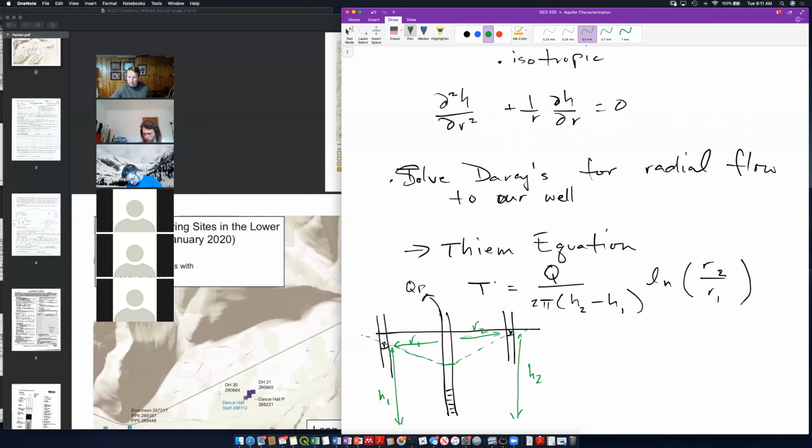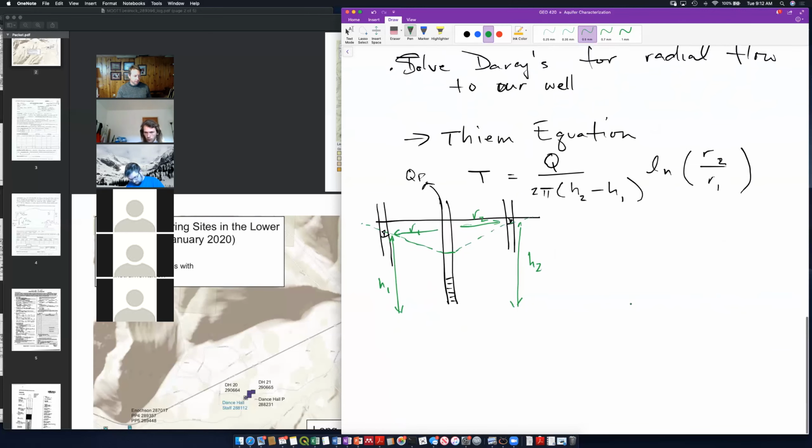All right, and so we're looking at the shape of the cone from these 2 wells, and we can estimate the transmissivity of our aquifer by using these 2 heads and these 2 radii. So we need 2 observation wells around our pumping well. That gives us some measurement of the shape of our cone, and we can back out the transmissivity.